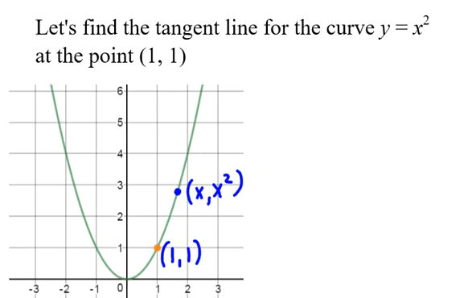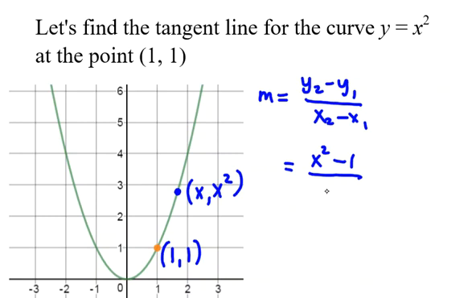As I look for the slope, it is going to be change in y over change in x. Change in y is going to be x squared minus 1. Change in x is going to be x minus 1. That's the slope of the line from point P, the point of tangency, to point Q. Are we all right so far?